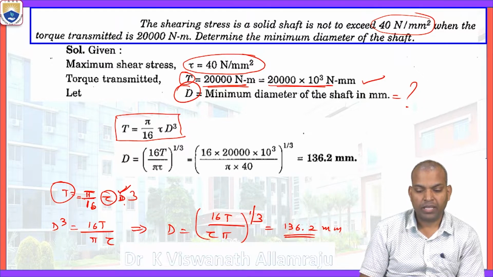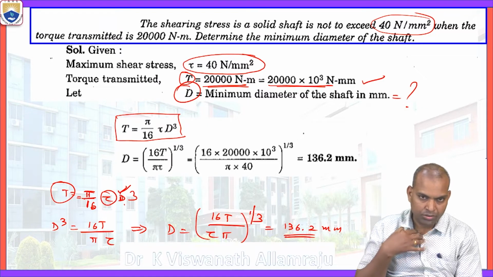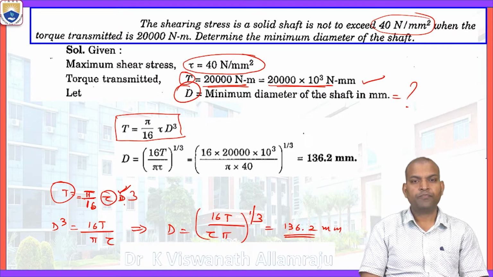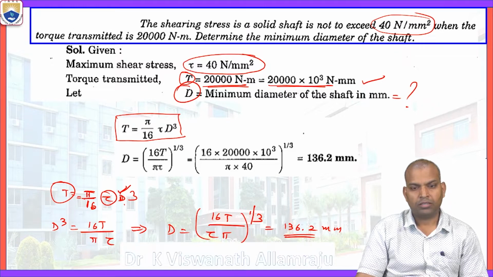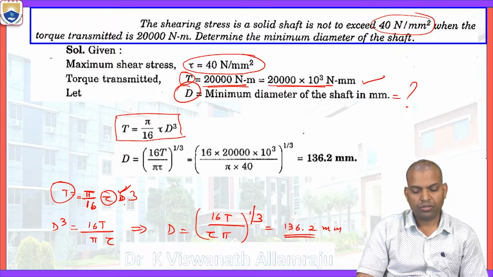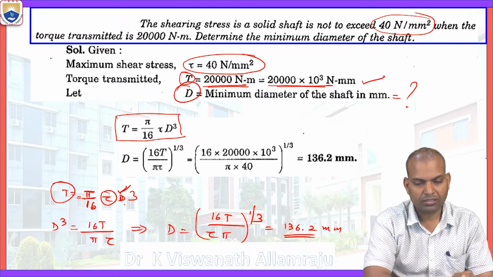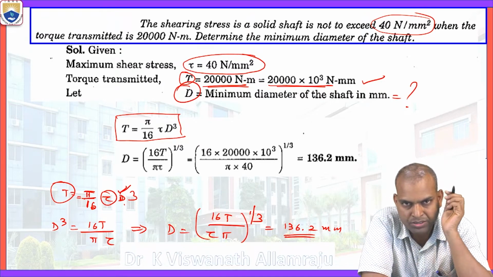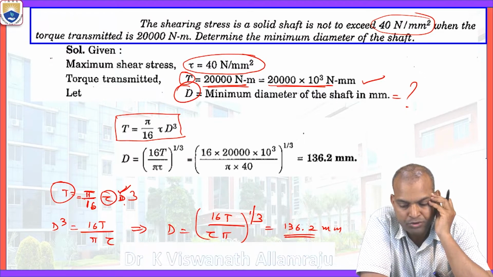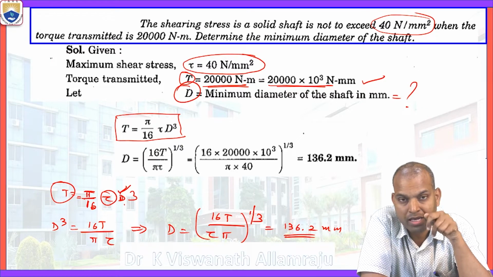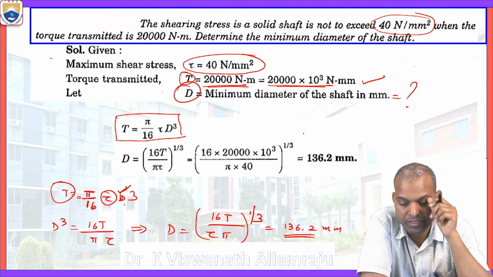Either the shear stress should be converted into Newton per square meter, or the torque should be converted into Newton millimeters. Here the main thing is that we converted the torque transmitted into Newton millimeters, not Newton meters, because the shear stress value is in terms of Newton per square millimeter.